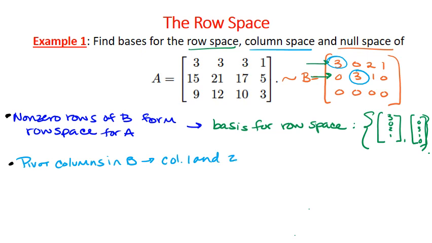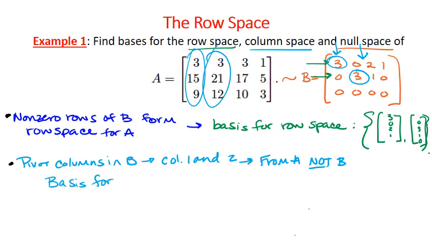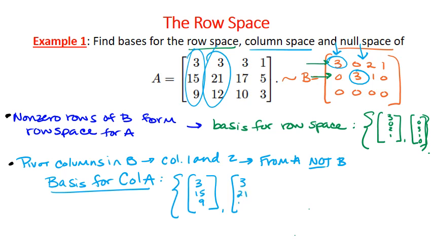We identify the pivot columns in B, but we are going to use the columns of A, not the columns of matrix B. And that will form the basis for column A. So the basis for column A is 3, 15, 9, and 3, 21, 12.